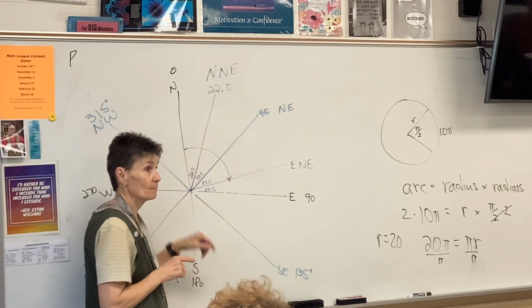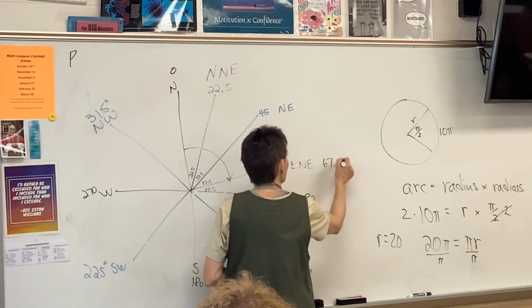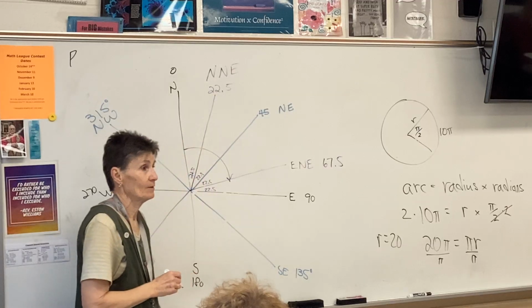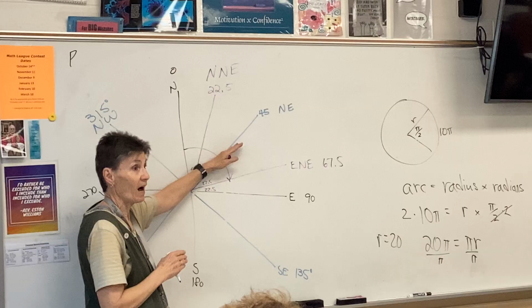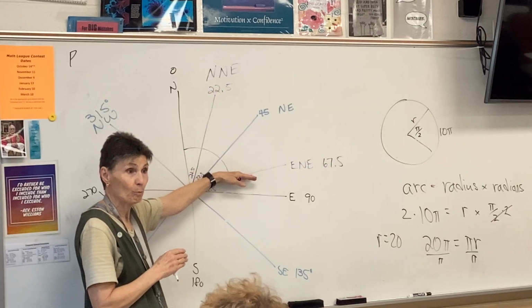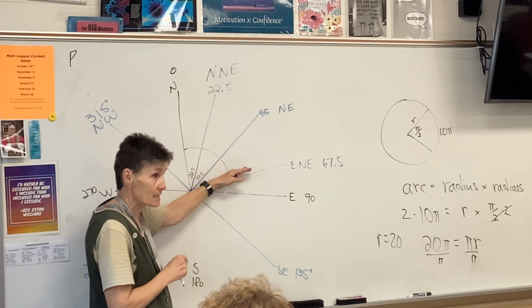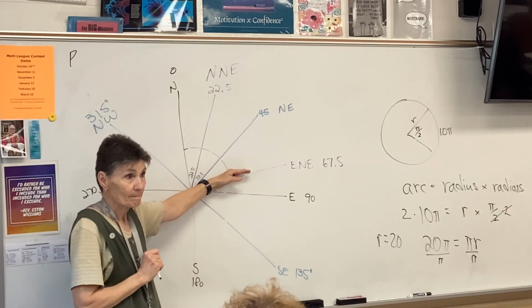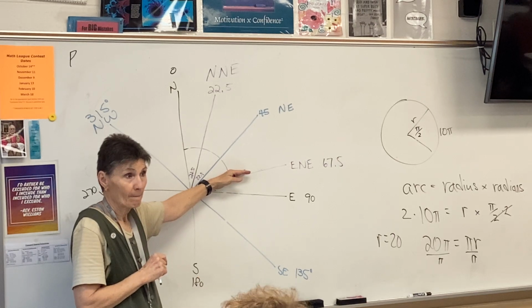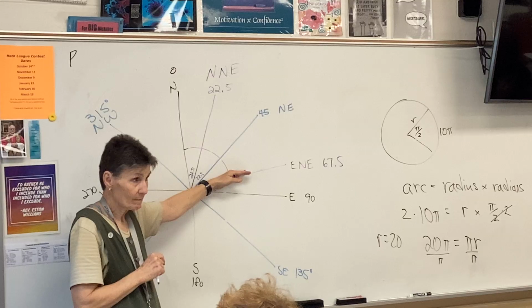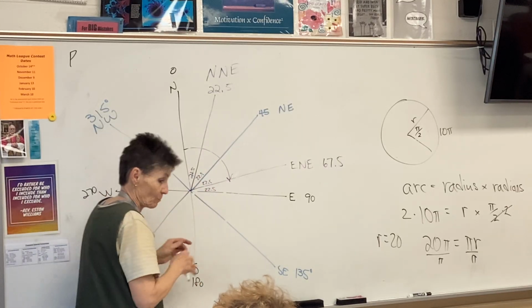What's this one? 67.5. How did we get 67.5? Well, two different ways. You could take 45 and add another 22.5 to it. Or you could say, well, I've got 3 22.5s, and that would give you 67.5. All right? Now we can do that process in every quadrant.